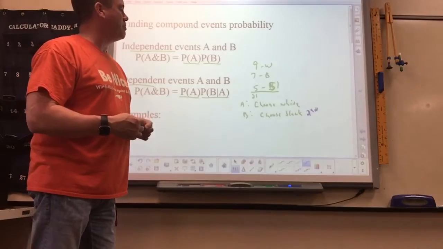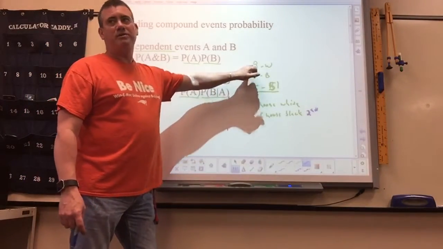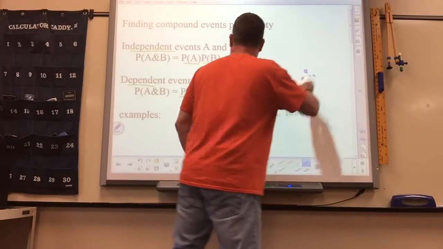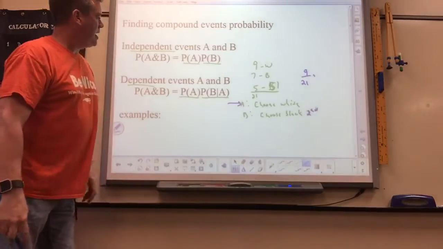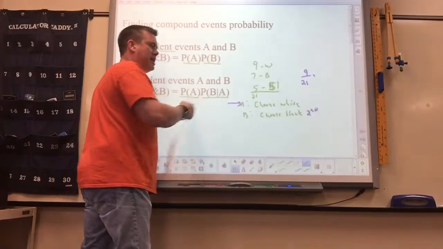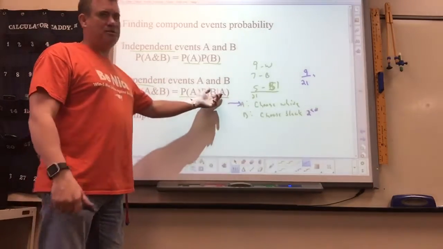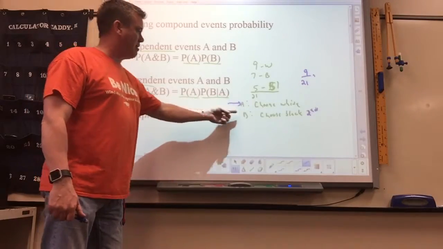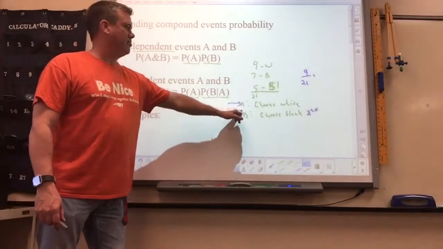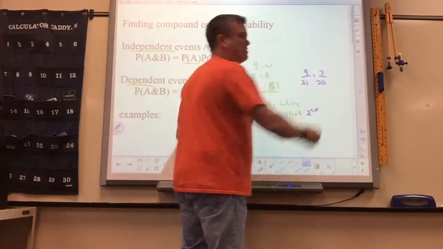So, what's the probability of the first event? 9 out of 21? And then, again, we're going to multiply it. Now, what this one means is the probability of B after you've taken A out. So what that means is it's not being replaced. That's all that this means. So what's the probability of this happening? Something out of 20. 7 out of 21. Right, there's 7 blacks, and now there's only 20.